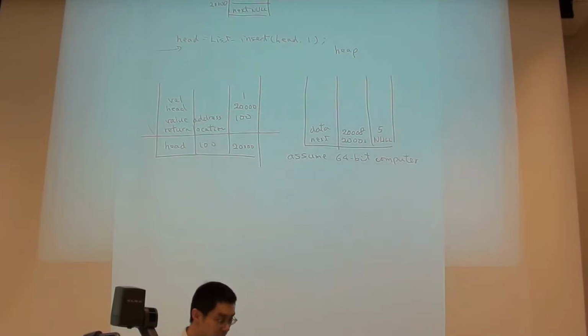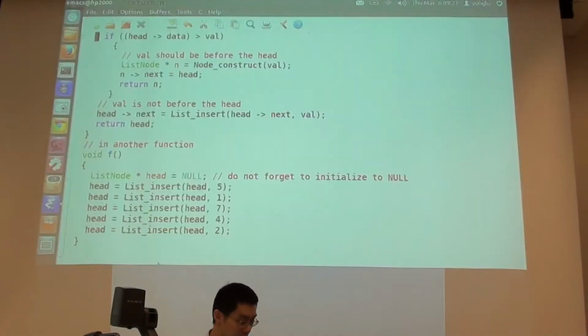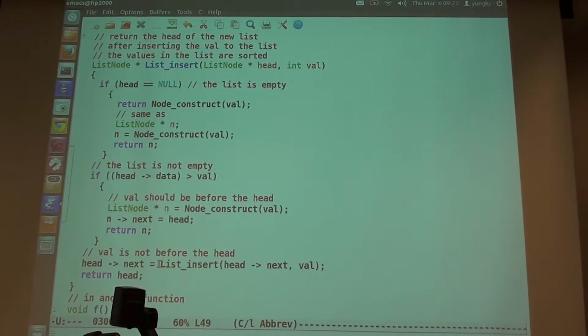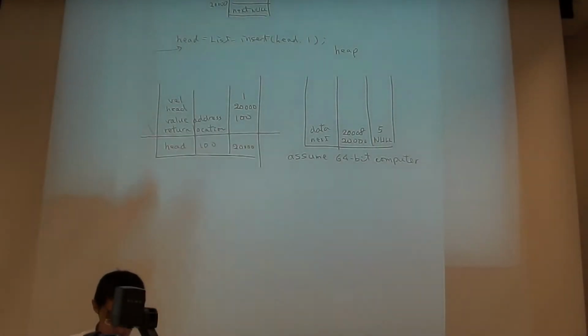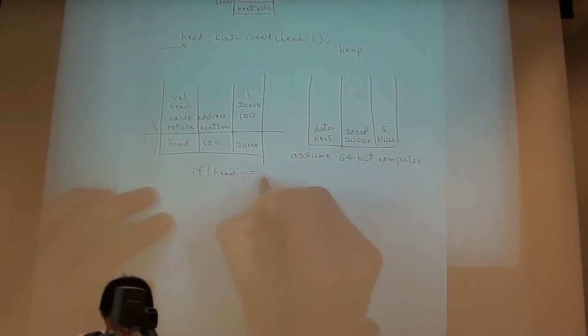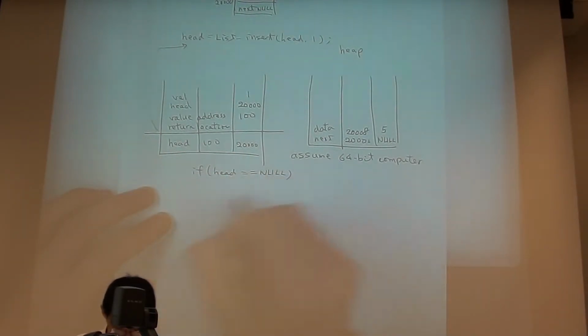Now if you look at the condition here, the first condition is if head equals null. That condition is not true because currently head is 20,000, so it's false.